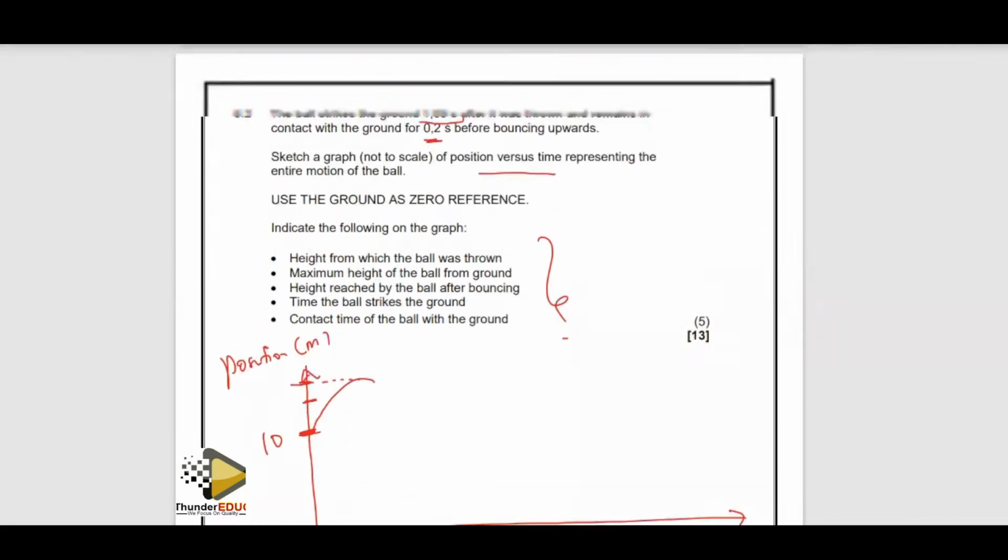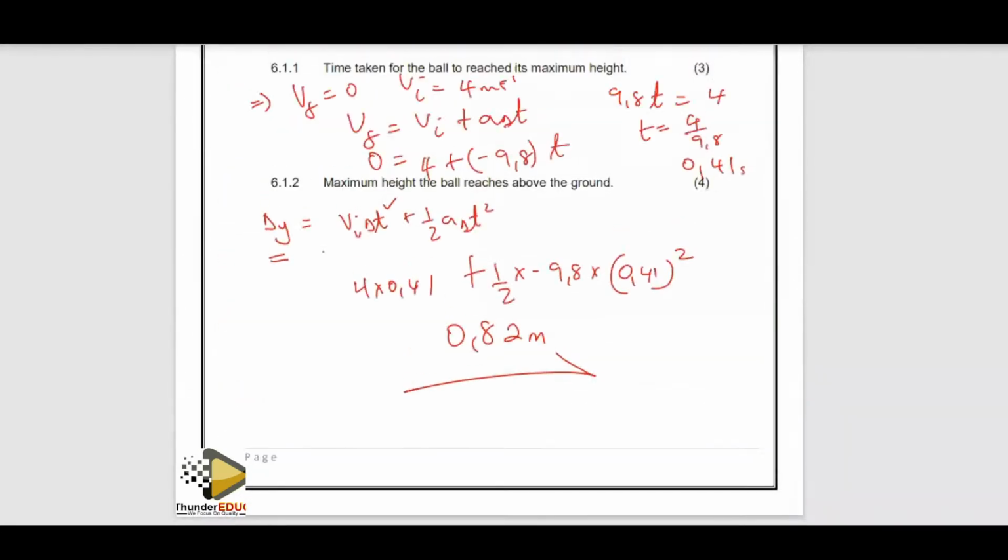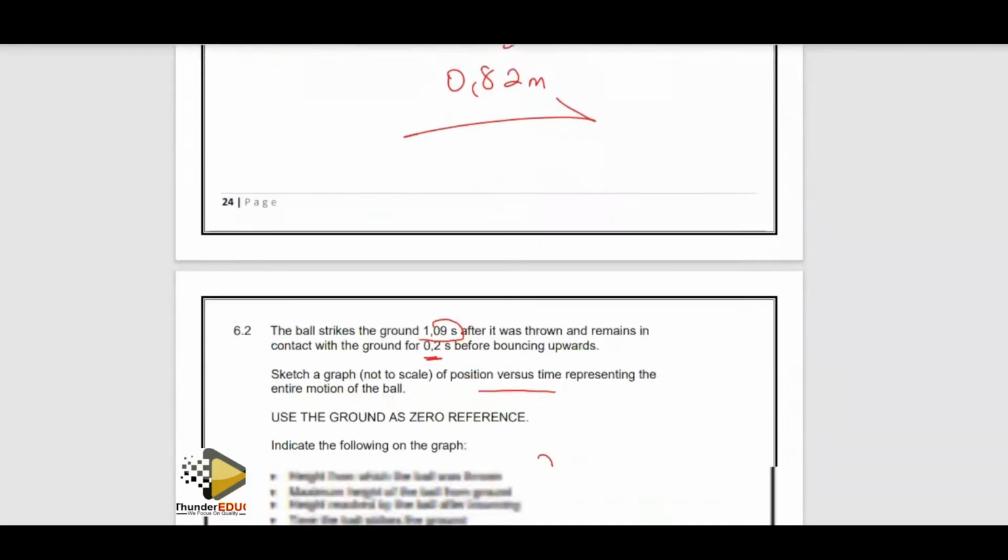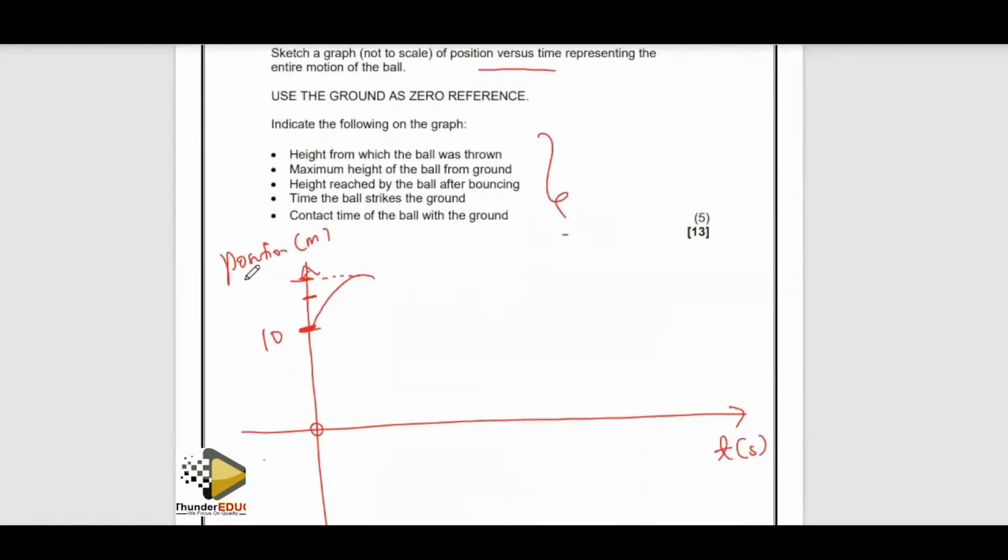What do we get as our maximum height, guys? It was 0,82. So 10 plus 0.82 is going to be 10.82.